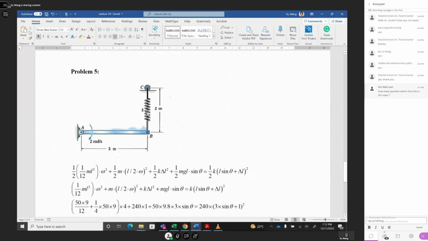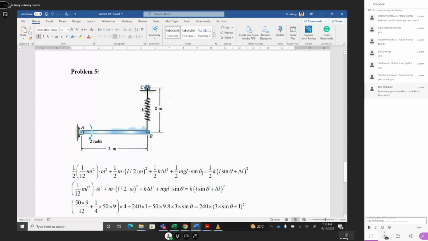And then for the spring potential energy, there's delta L, which is your initial 1 meter, 2 minus 1, so delta L is 1 meter. This is the spring potential energy. Remember, because in the last position we get lower, your center of gravity has a distance here, MGH. This H should be equal to L sine theta divided by 2.